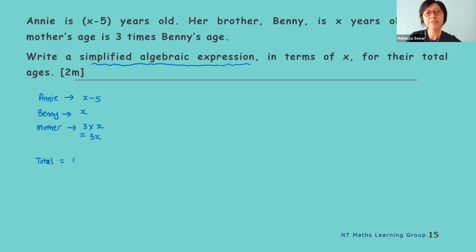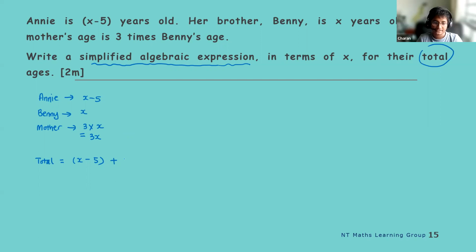So we have (x minus 5) plus x plus 3x, we have to add, isn't it? Now this is not simplified because you realize there are some terms I can put together, right? So that's why the question mentions simplified algebraic expression.